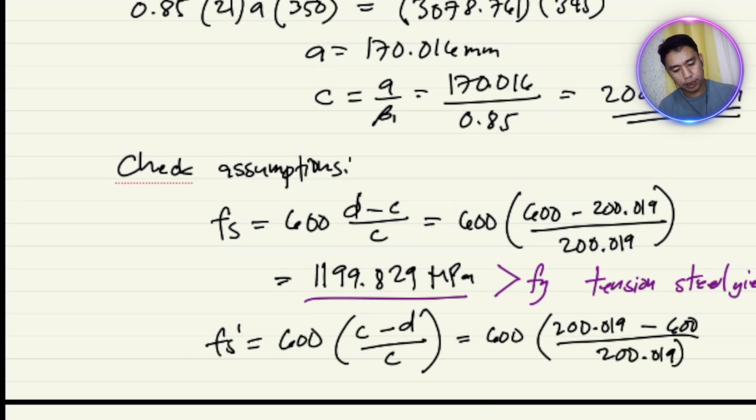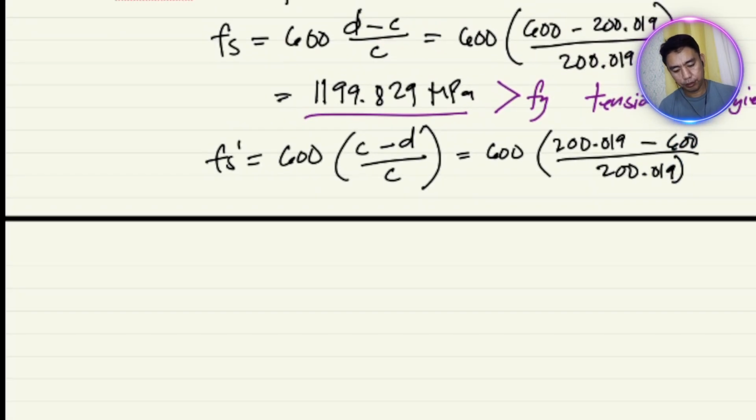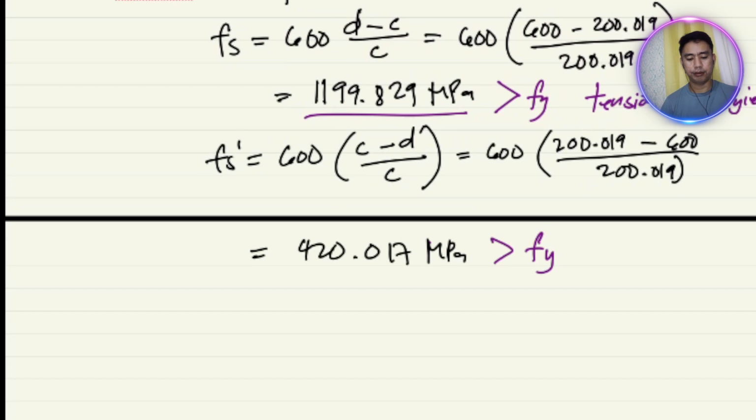This is equal to, so I'll continue here. Fs prime now is equal to 420.017. So take note, this is megapascal. So this is still greater than Fy.